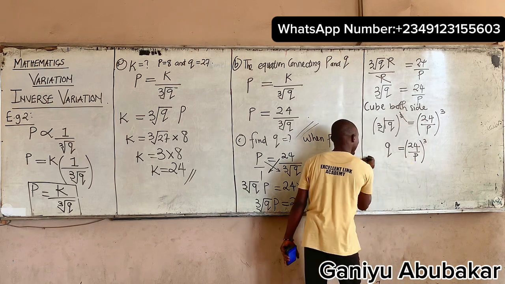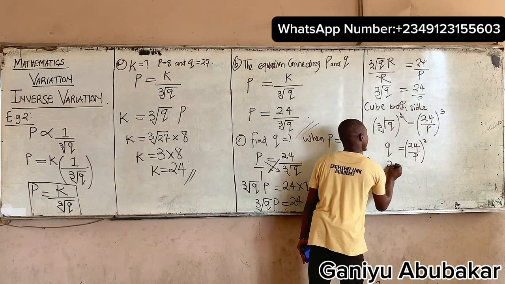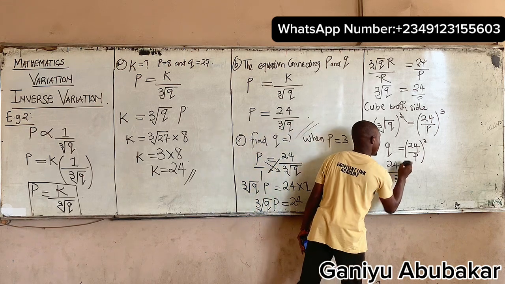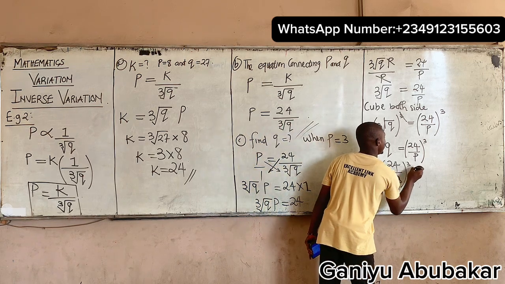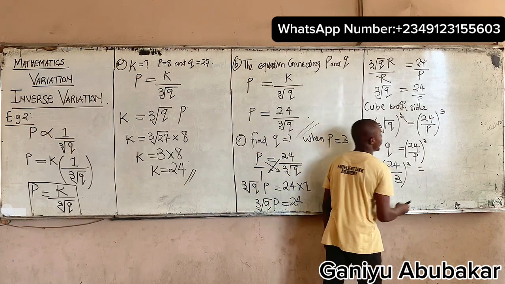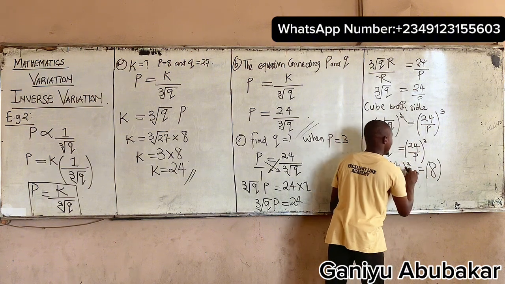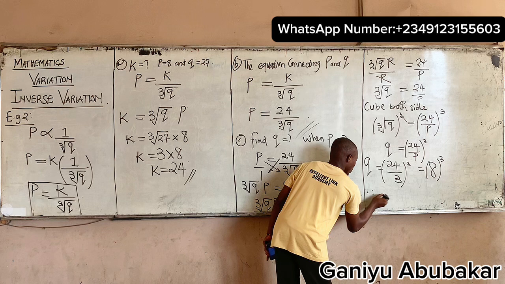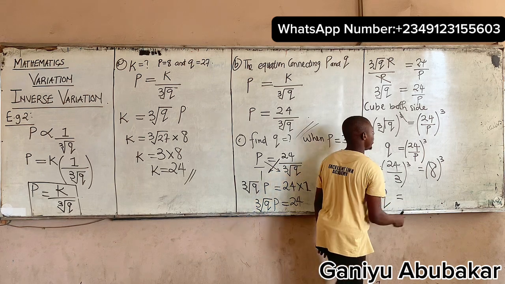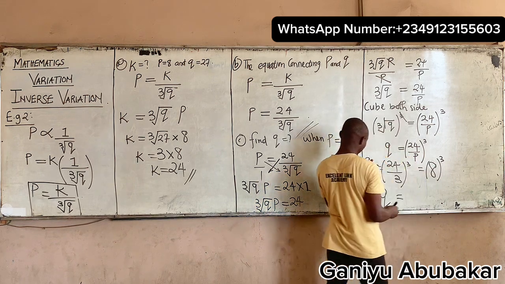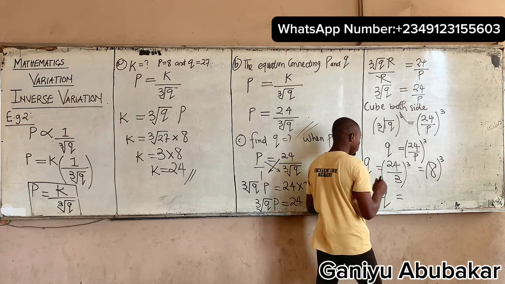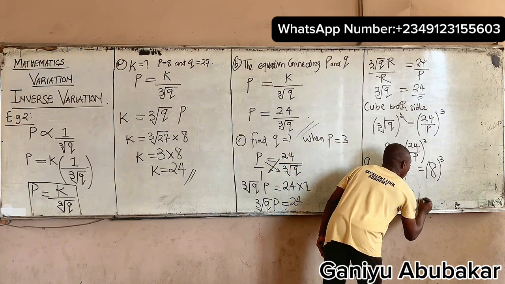So from here, Q is equal to 24 over P. P is 3, so I have 3 here, all cubed. 24 by 3 is of course 8, then all cubed. Therefore Q will be equal to 8 cubed, which is 512.